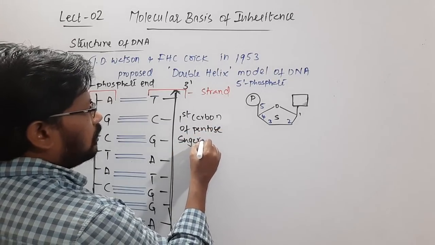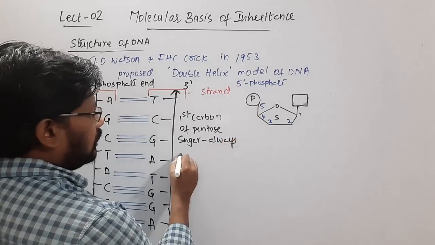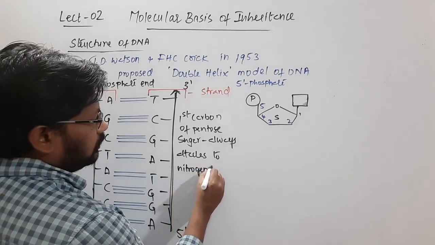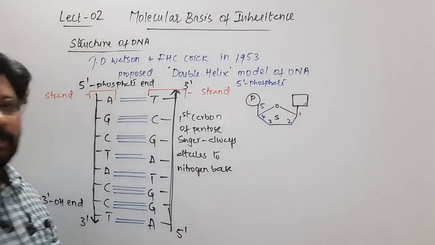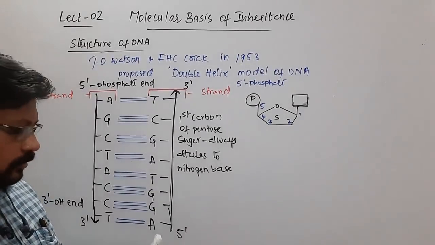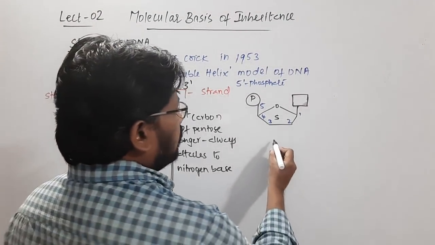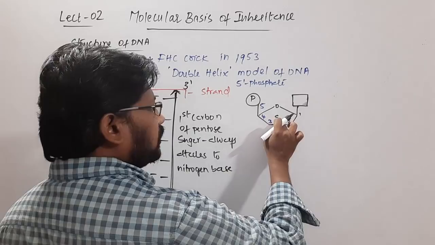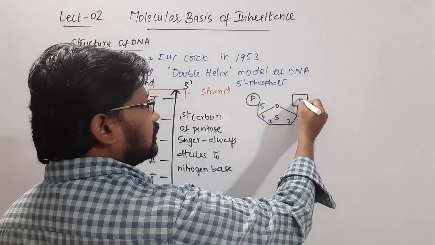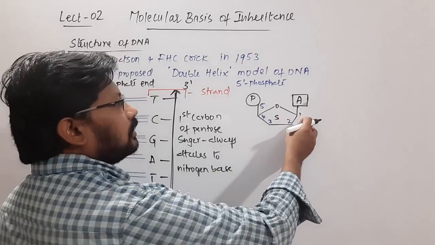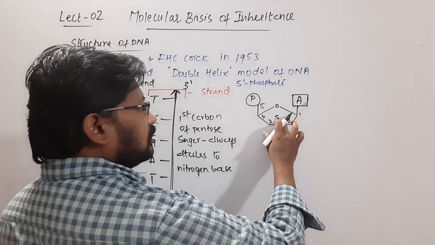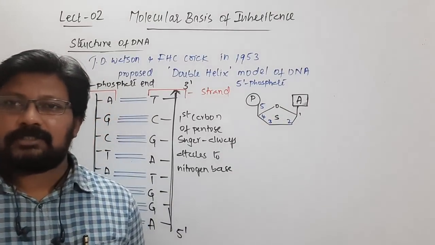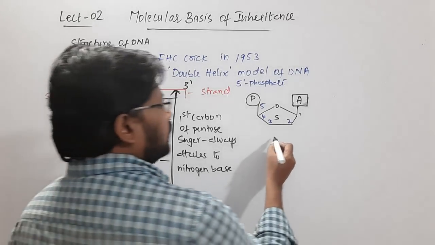We know that the pentose sugar is attached to the nitrogen base, say here it is A. So the nitrogen base, the pentose sugar, and the phosphate, all three together constitute one nucleotide.